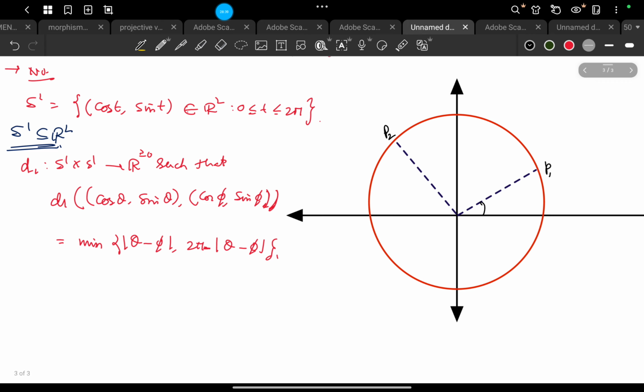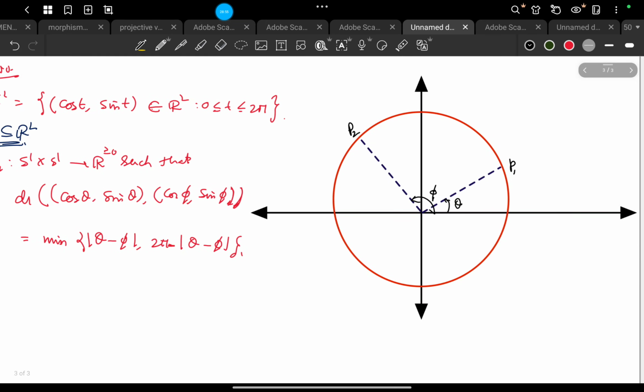This is my theta in the anti-clockwise direction, this is my phi in the anti-clockwise direction. So this P1 has coordinates cos theta comma sin theta, and P2 has coordinates cos phi comma sin phi.